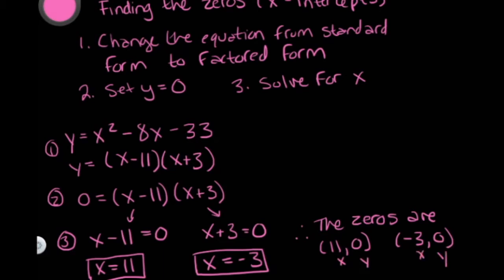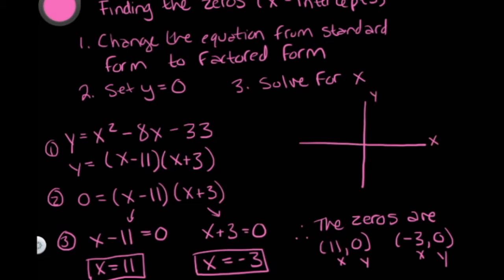So if I was to graph this quadratic equation, which is y equals x squared minus 8x minus 33, the two places where this parabola would cross the x-axis, remember we have a graph like this, and this is my y-axis and my x-axis.